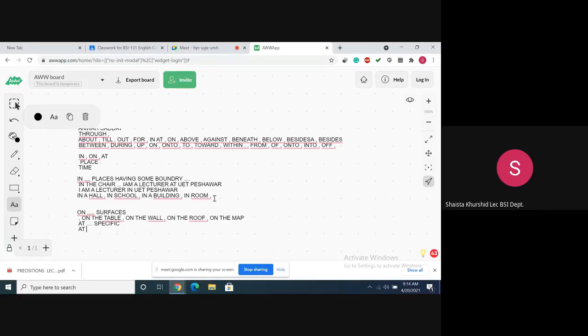So at the entrance, if somebody is asking me to send the location or tell my location, I would say I am in UET Peshawar at the entrance of this department or at the entrance of this block or building or whatever the case is. So at the entrance, at the bottom, at bus stop.